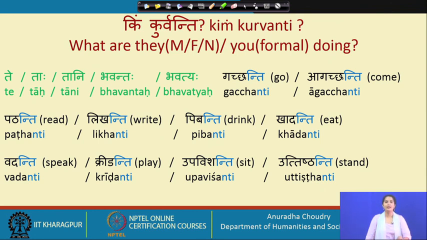All of them will get the form gachanti. Similarly, agachanti, pathanti, likhanti, pibanti, khadanti, vadanti, kridanti, upavishanti, uttishtanti. Yes, have you got a hang of that?